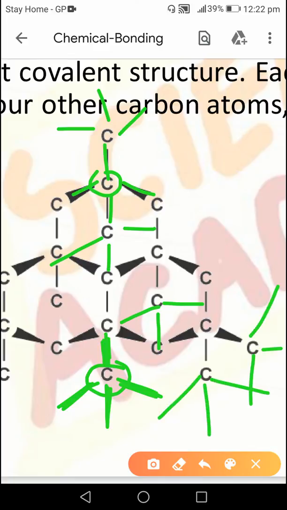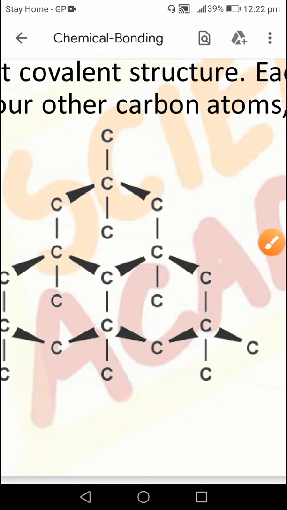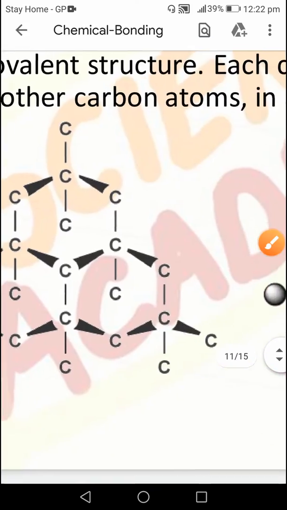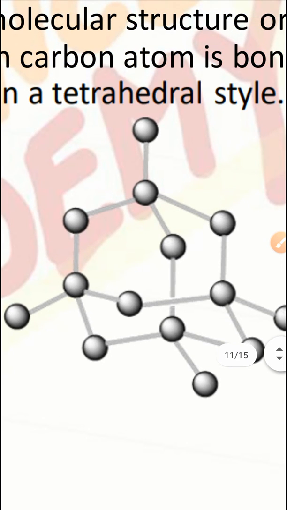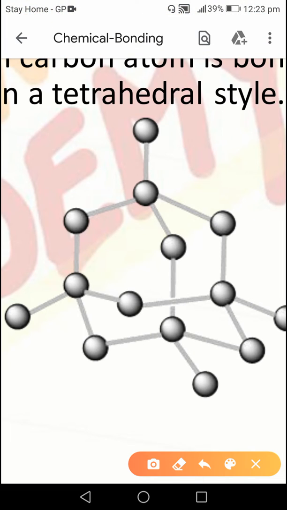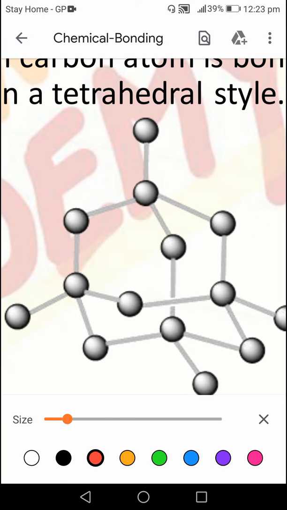Like this. So when an atom is forming 4 covalent bonds like this, the arrangement around it is what we call the tetrahedral style.